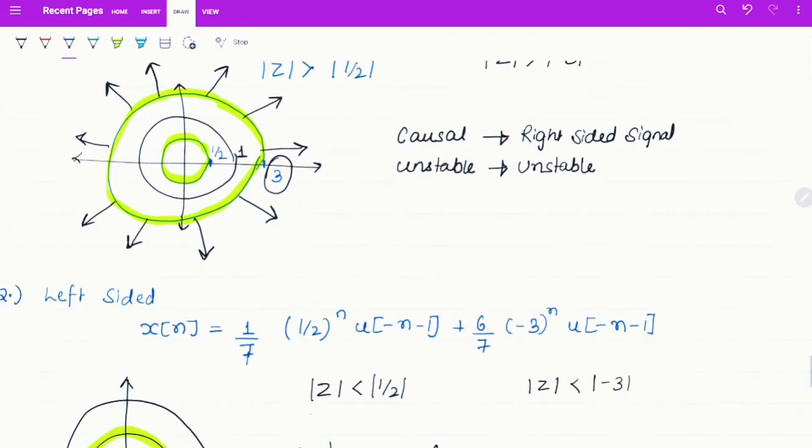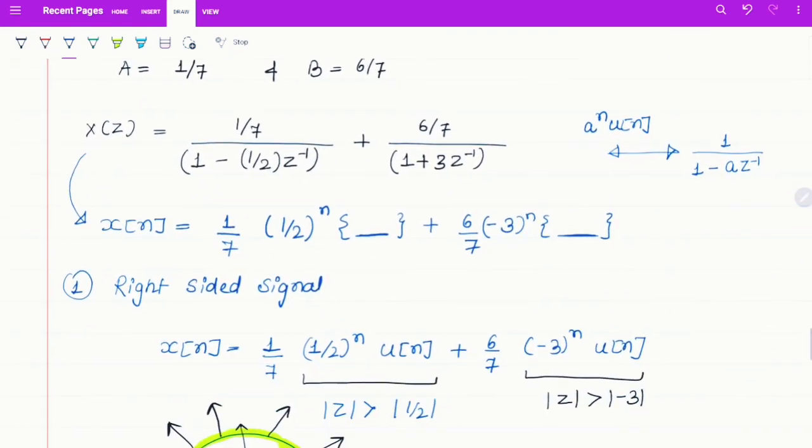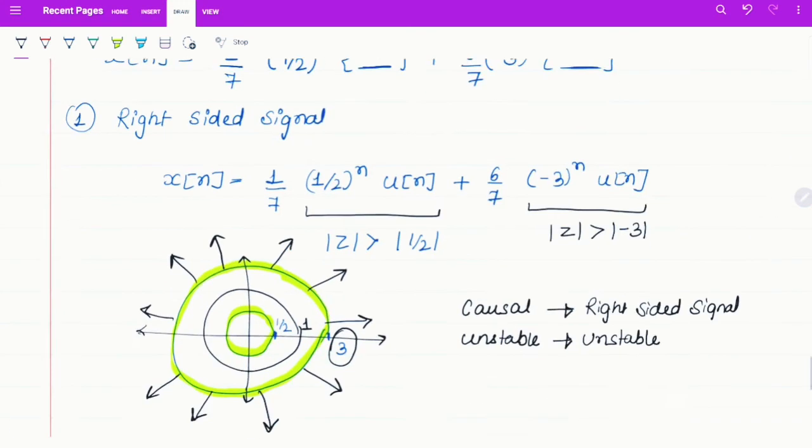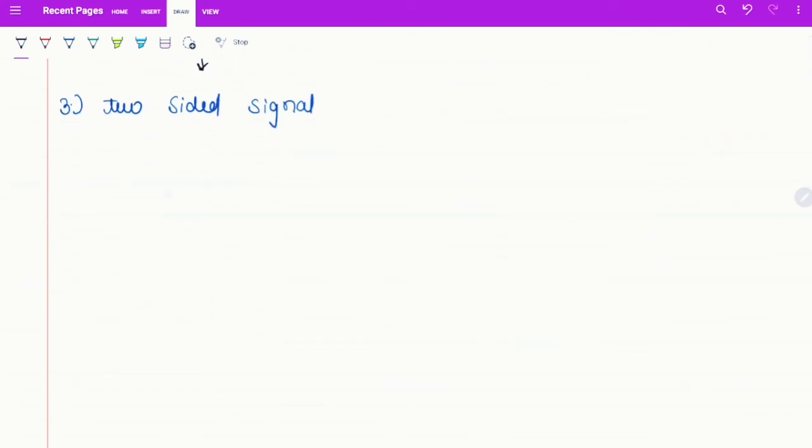Suppose this is the right-sided signal and this is the left-sided signal. I'll put the first signal as the right-sided signal and the second signal as a left-sided signal.